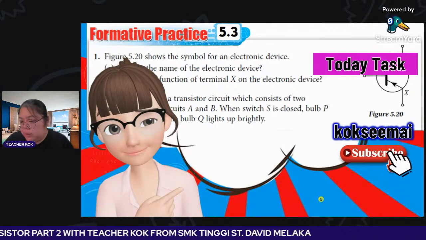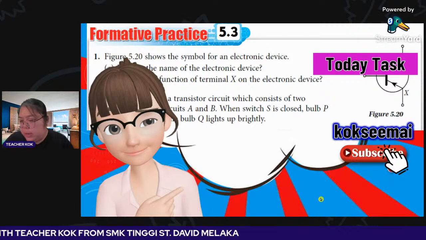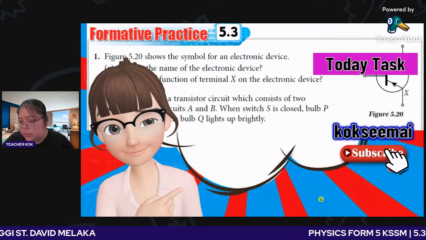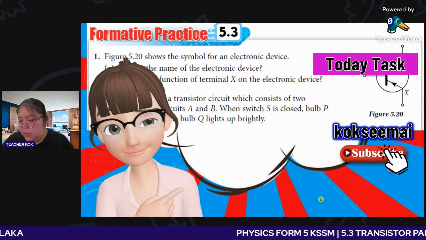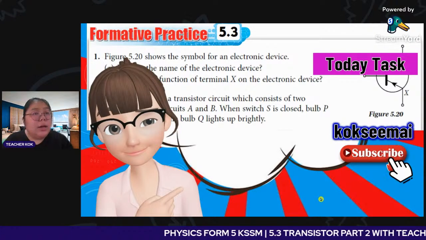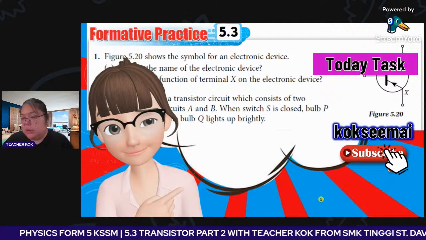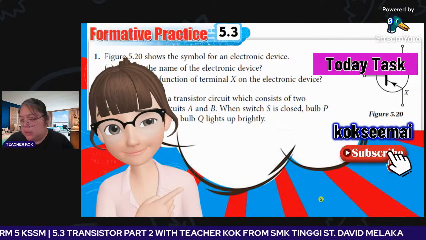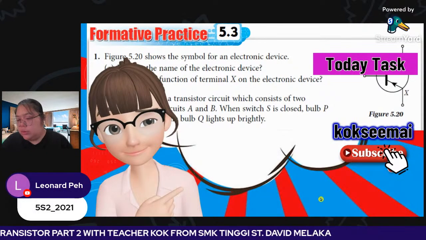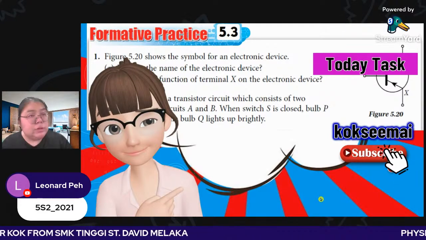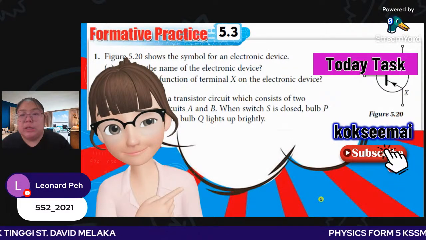Where's the underscore? Okay, you help me find it. Yeah, correct. Mailing typed already. 5S2 underscore 2021, that's today's lesson code.